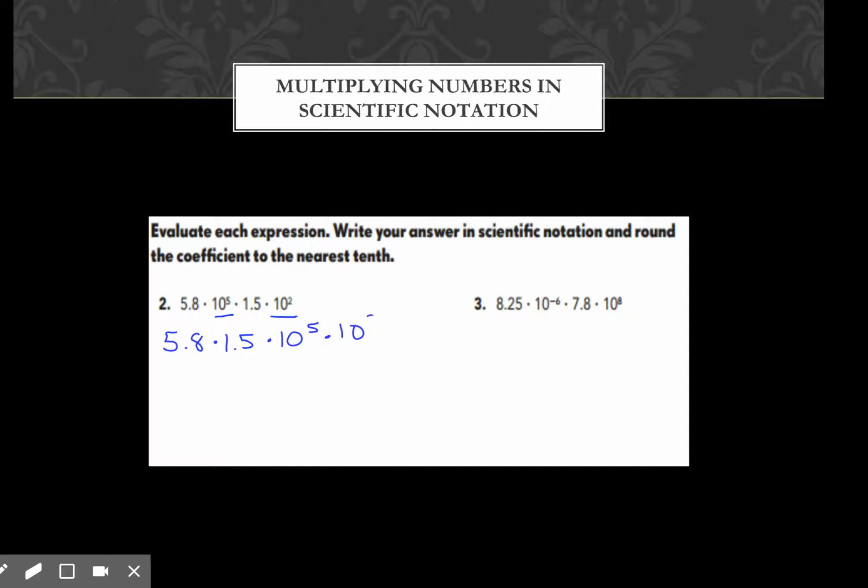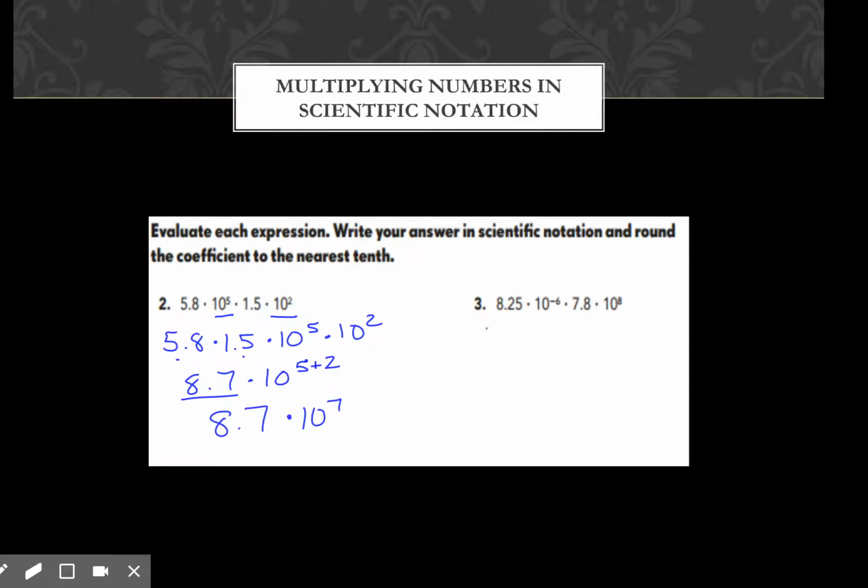Now I'm going to do my multiplication. 5.8 times 1.5, again I'm using a calculator, is 8.7, times 10 to the 5th, and I'm using product of powers to add my exponents. Since this is already greater than 1 and less than 10, I get 8.7 times 10 to the 7th power.